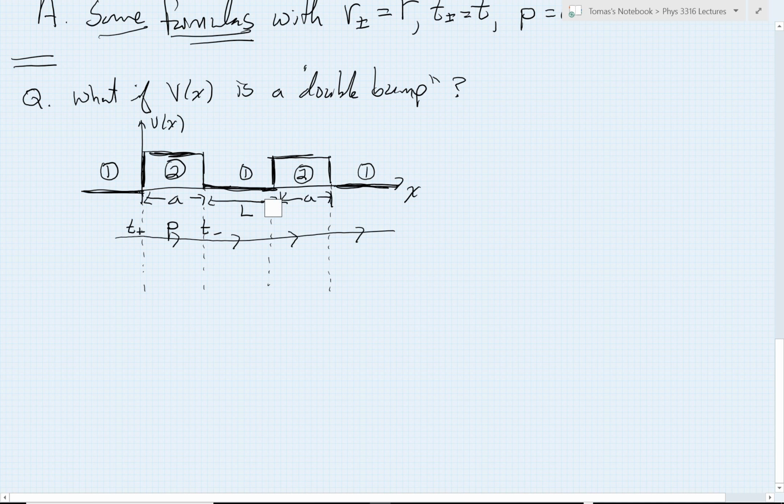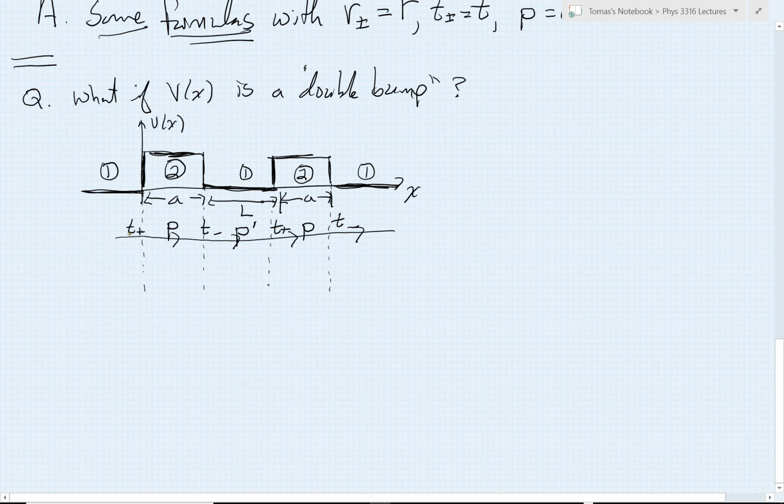Now I propagate across a different distance with a different wave vector, so there's going to be a different P, which I will call P prime. Then I have yet another process where I'm transmitting across an upward step. That's a T plus. This P is the usual P that goes inside of my bumps. And then finally I transmit out the other side. This will be a T minus.